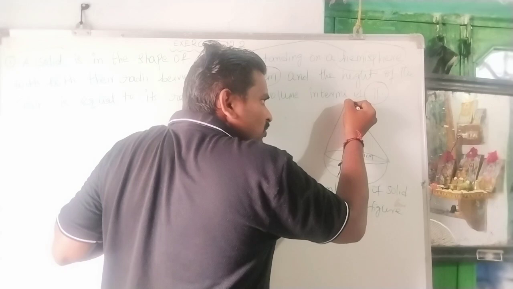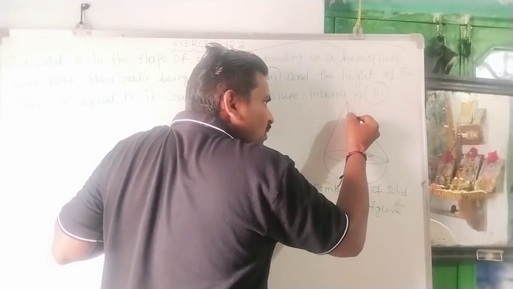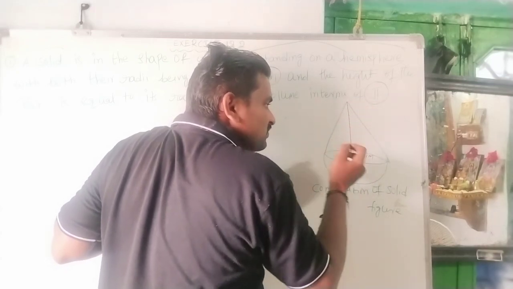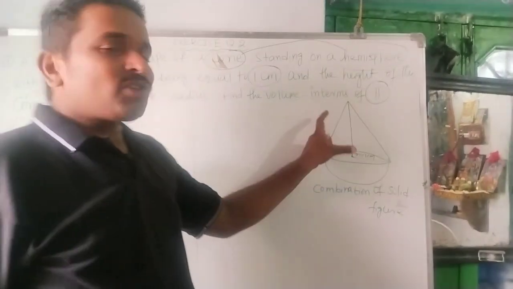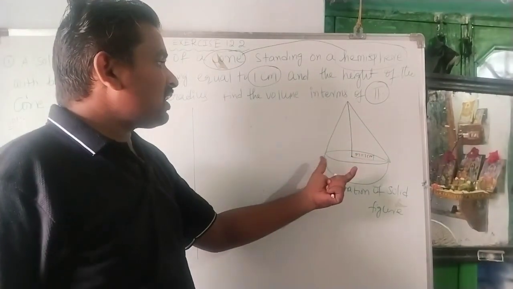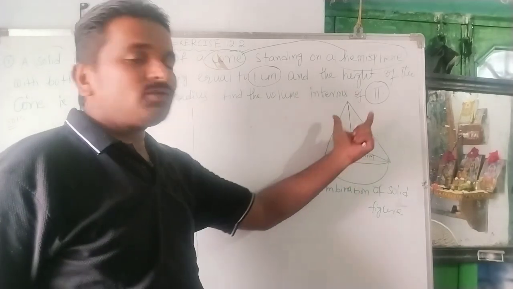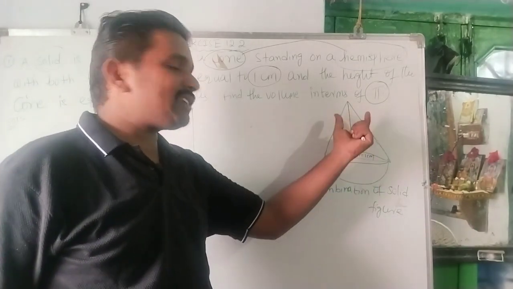If you want to find the area or volume of solid figures, first we should know the measurements. Here one solid figure is given. This solid figure is formed by a combination of two figures. First one is a hemisphere and second one is a cone.